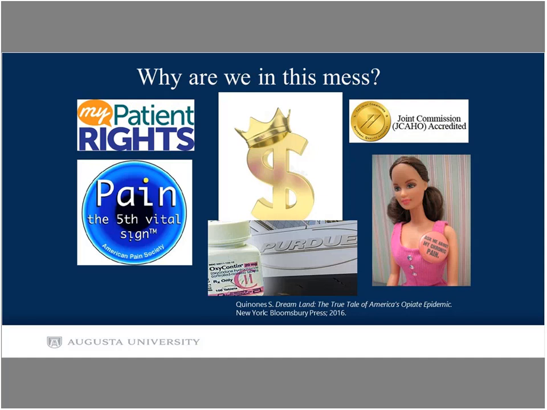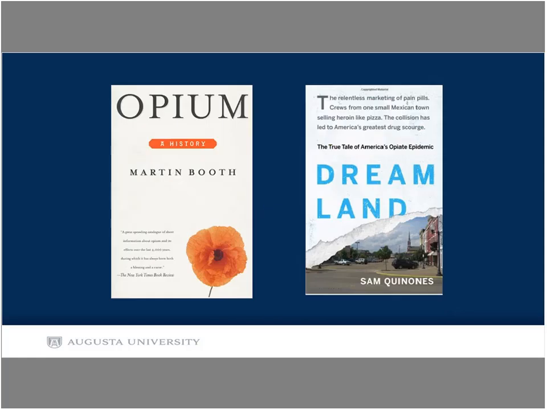One of the things that I wanted to mention to you is these next 10 or 12 slides, and I don't have any connection to either one of these authors, but I think these are really great books if you're interested in learning more about the prescription and heroin epidemic in the U.S. The first is just a history of opium that looks at opium all the way back to 3400 BC, and then the other one is Dreamland by Sam Quinones, that really looks specifically at how the U.S. has gotten into the mess that it's in terms of prescription overdose deaths and heroin-related overdose deaths.